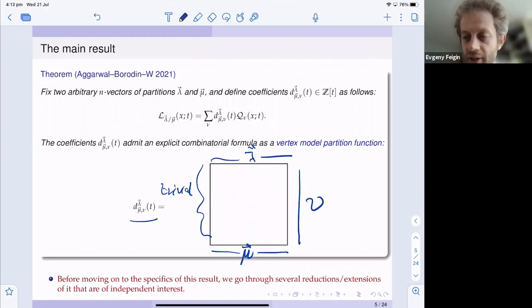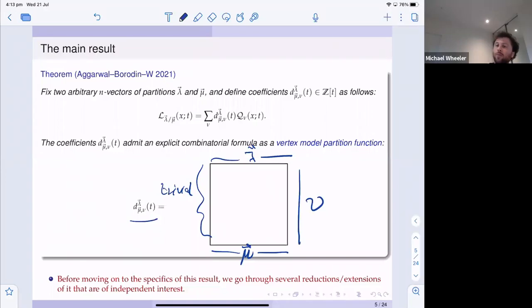Sorry, may I ask a question? Yes. So is it possible to say what are the nu showing up on the right-hand side? This nu here. Yeah, so it's a partition. But what are the non-trivial terms on the right? What are the possible nus which occur in the right-hand side?